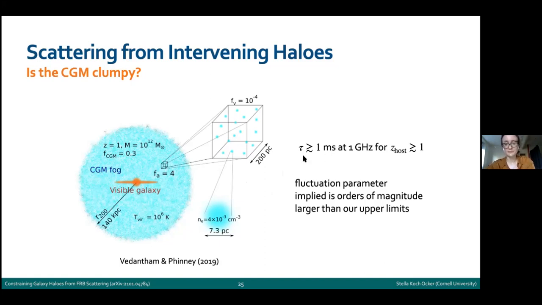It predicts a pulse broadening time greater than 1 millisecond at 1 gigahertz for FRBs with host redshift larger than 1. And this large scattering largely arises from the fact that this cooler gas in this model has a very large areal covering fraction. So it extends over a large fraction of the area of the halo.